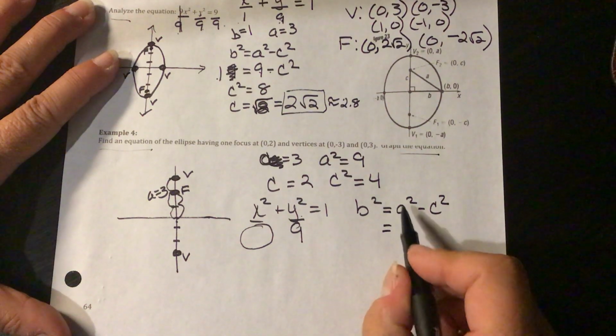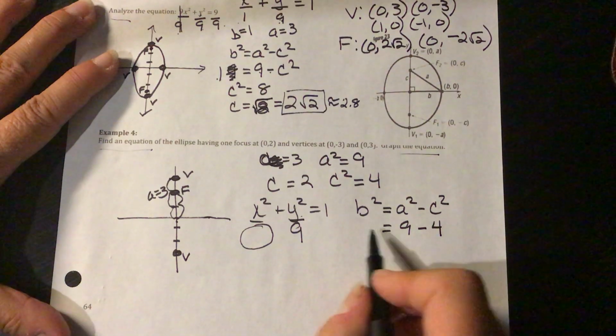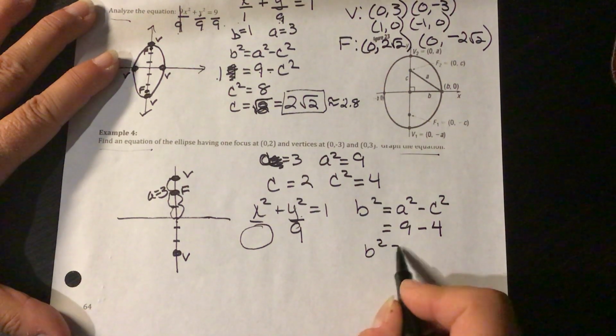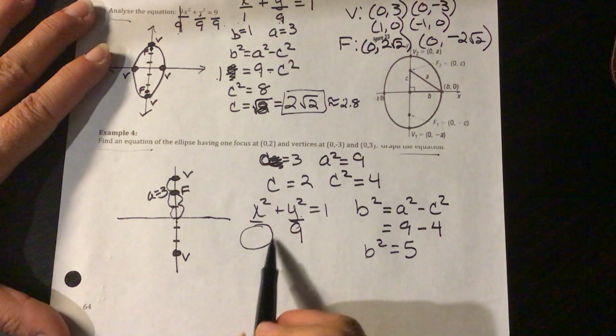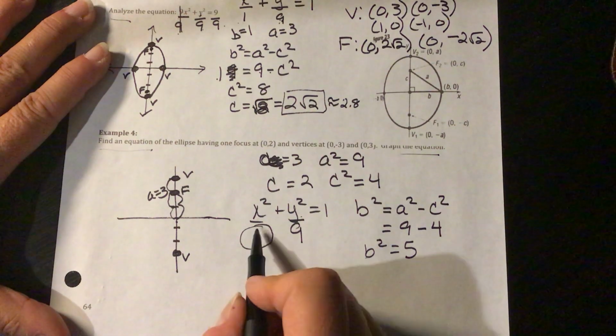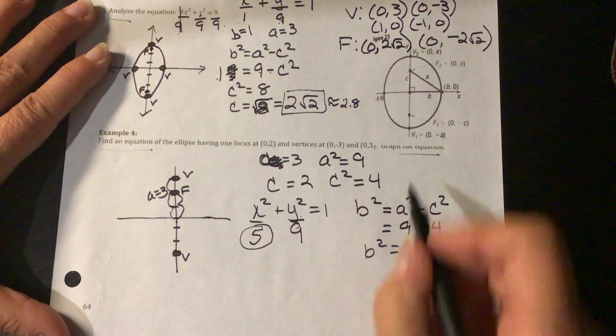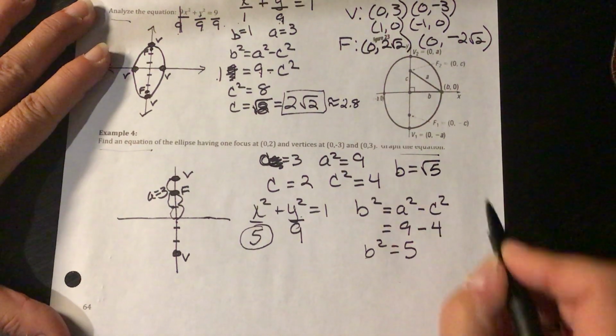So I know a squared is 9 minus c squared is 4, so b squared is 5. b squared is the number underneath the x squared, so I'm going to write a 5 under here, and my b value would be the square root of 5.